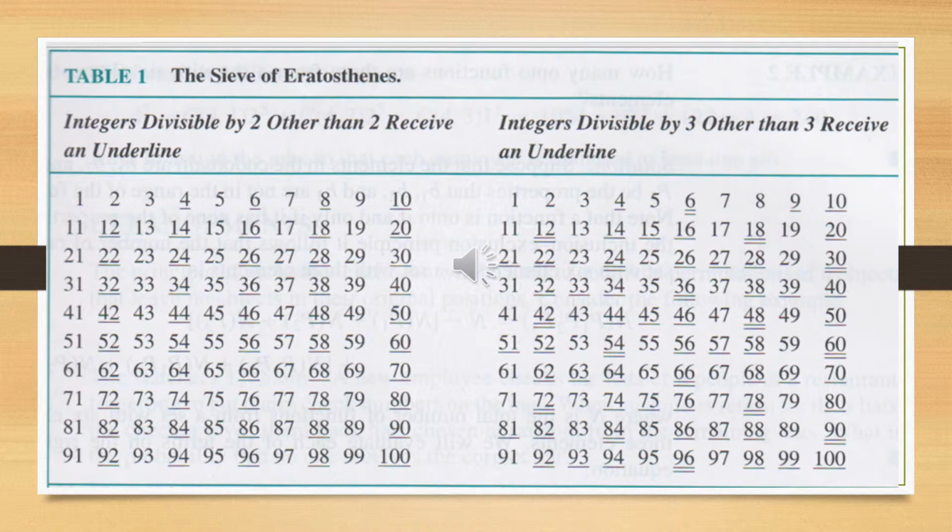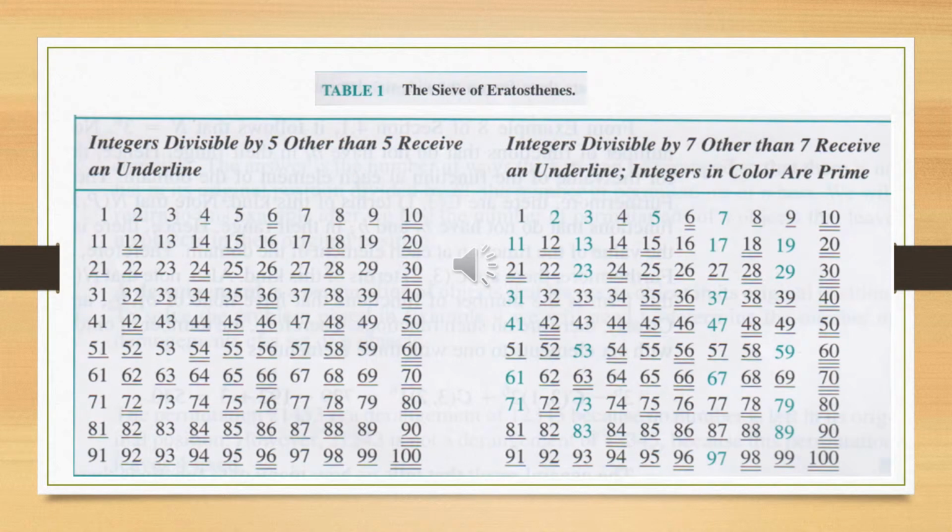Integers divisible by 3 other than 3 receive an underline. Integers divisible by 5 other than 5 receive an underline. Integers divisible by 7 other than 7 receive an underline. Integers in blue color are prime. This is how we go about finding the prime numbers between 1 and 100.